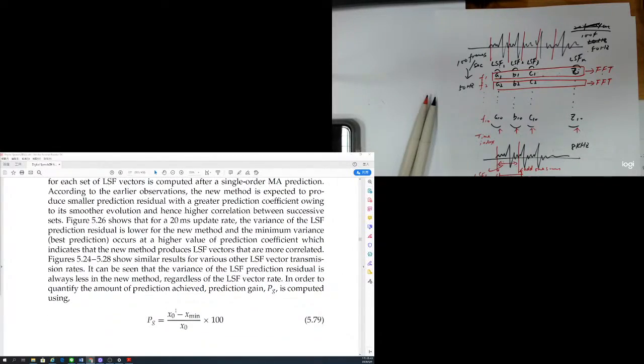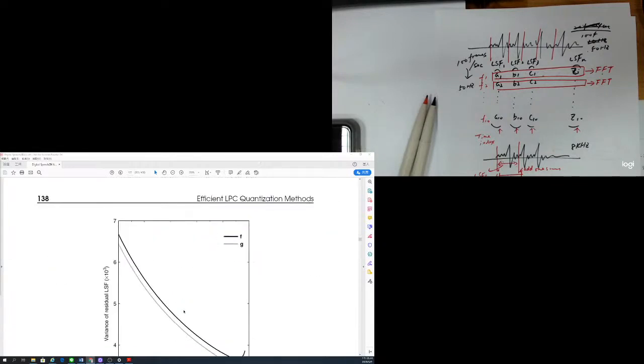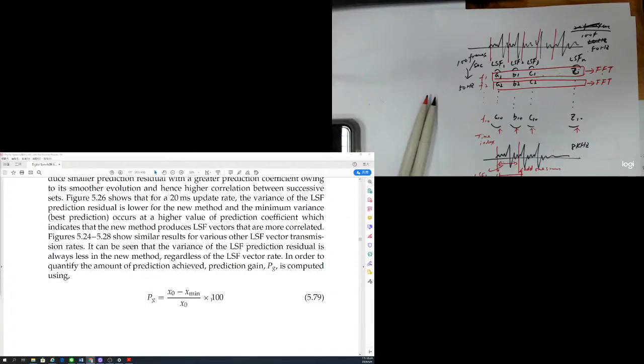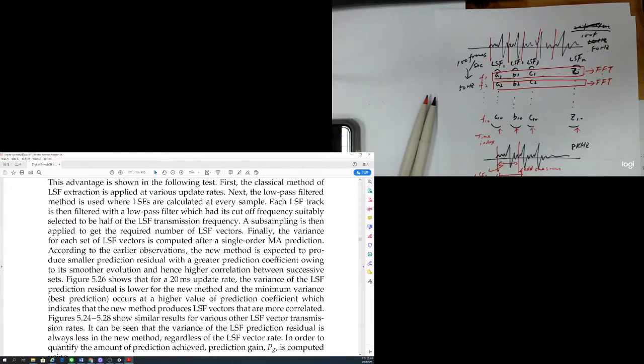So right now they show some prediction gain. They define prediction gain with S0 and S minimum, like this equation here.